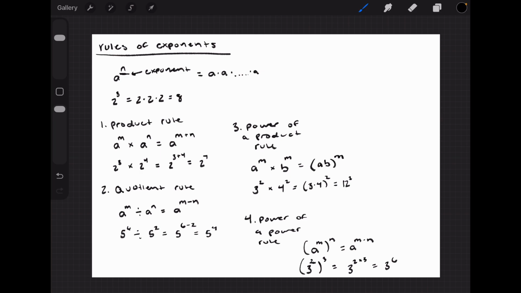The last one we will be going over is the zero exponent rule. In this rule, any non-zero number raised to the power of zero is equal to 1. So essentially, a raised to the 0th power will equal 1.